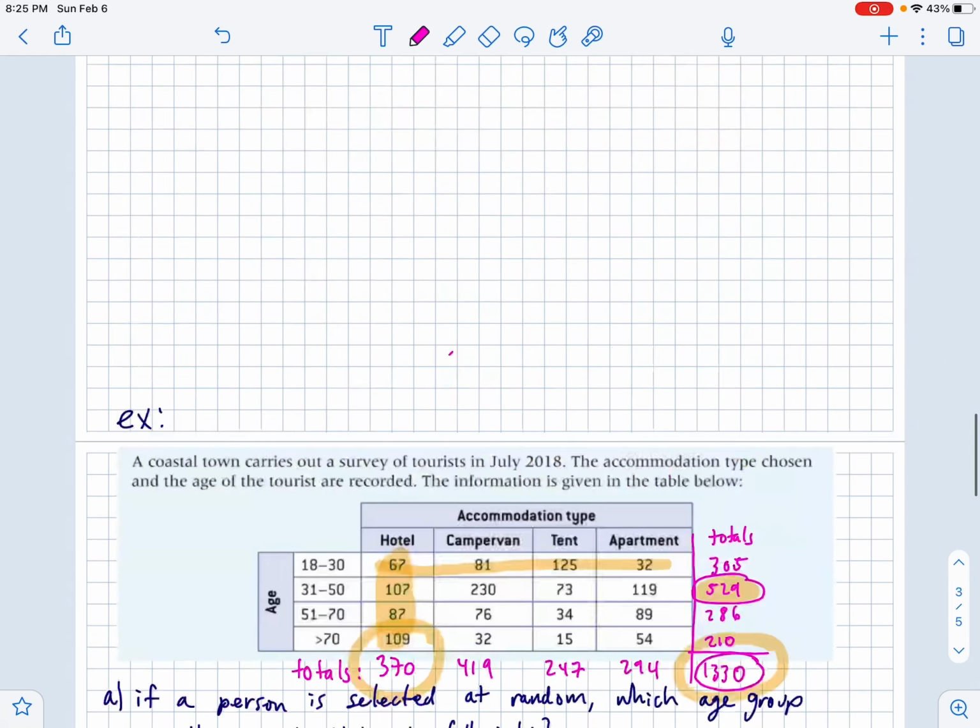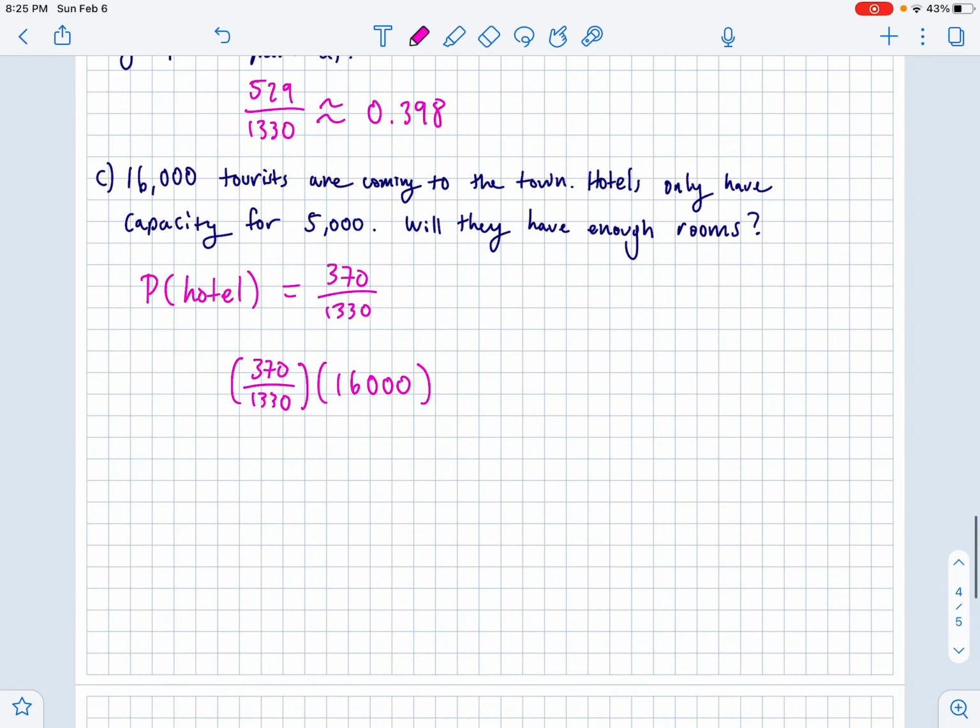This is assuming that people stay in the same ratio as the data up here. When you do that, you get about 4,451 people in hotels, which means they are just barely under the 5,000 limit. So yes, they will have enough capacity.